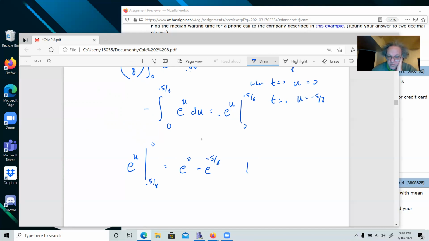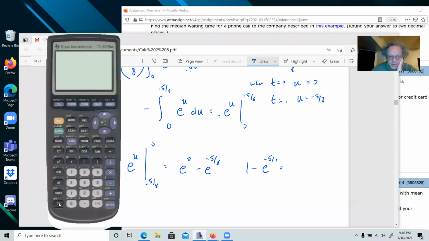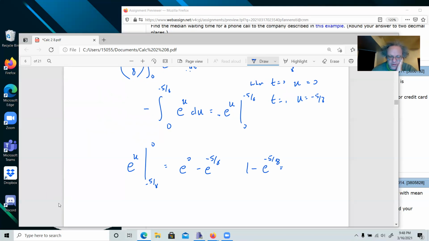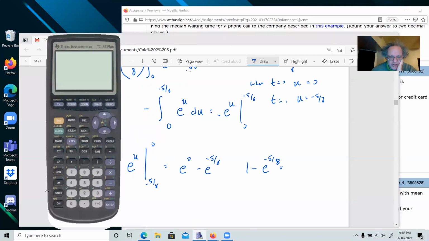So it's 1 minus e to the negative 5/8, and numerically, that is 1 minus second function e to the negative 5/8.